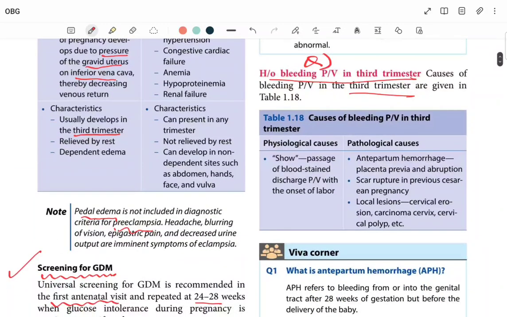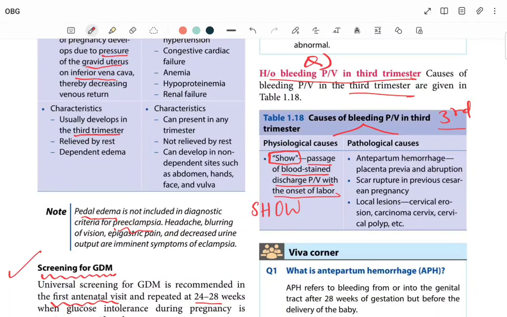You have both physiological cause and pathological cause. The physiological cause of bleeding PV, especially in the third trimester of pregnancy, is known as SHOW. Very important question, guys. What is SHOW? SHOW is nothing but passage of blood-stained discharge per vaginum with the onset of labor.